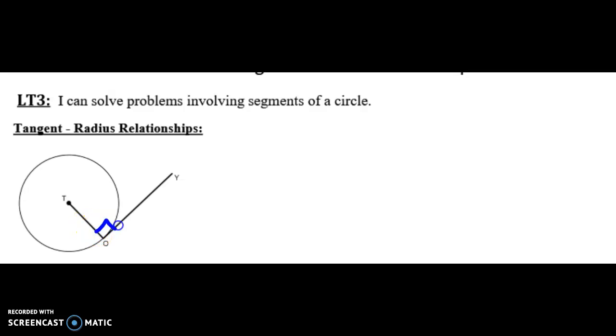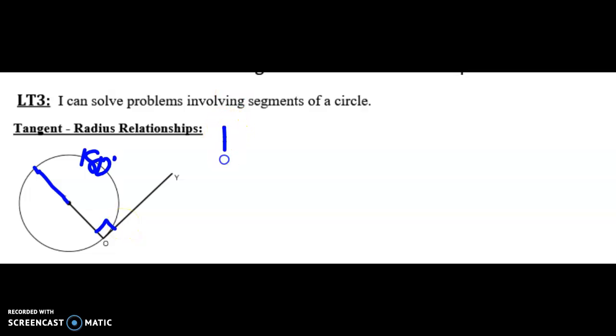And remember I said an angle created on the circle will be half of the intercepted arc. Because if I connect the radius and go all the way across, I've made a semicircle. That's 180 degrees, and we would take half of it because the angle is created on the circle, and it would be 90.